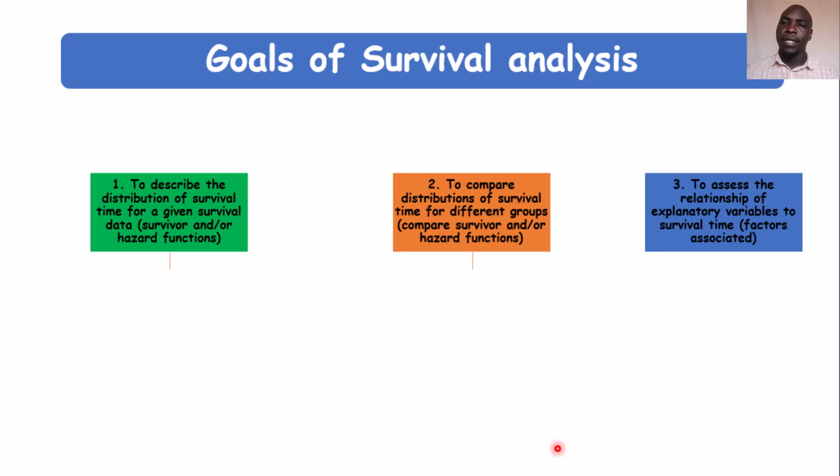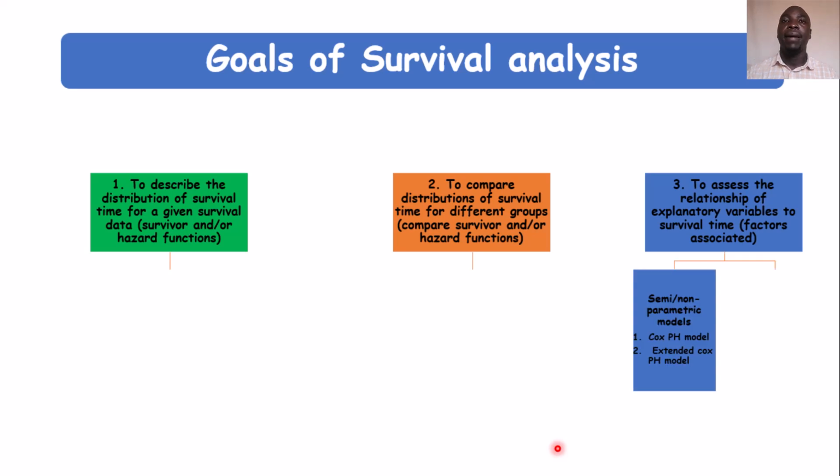So for Objective 3, which is aimed at assessing the relationship of explanatory variables to survival time, or in simple terms, factors associated, we have got two groups of tests that you can use.